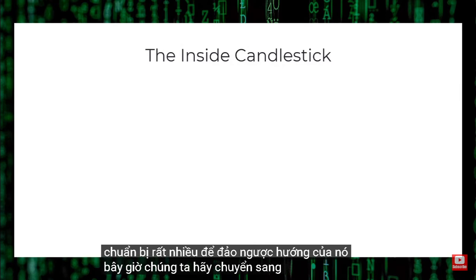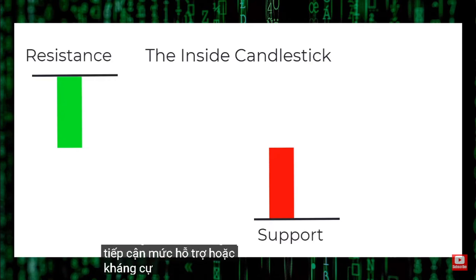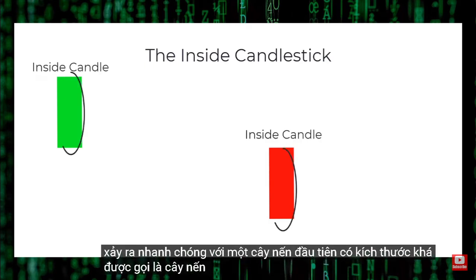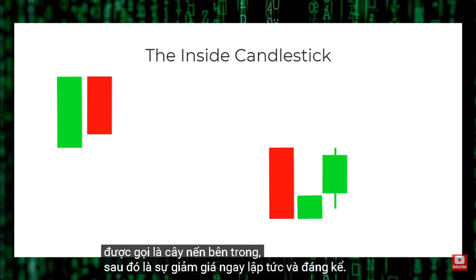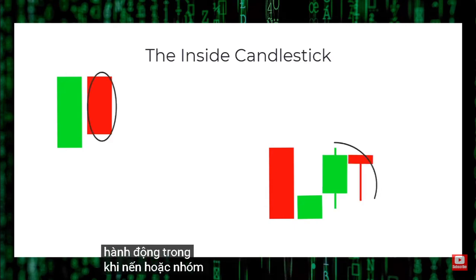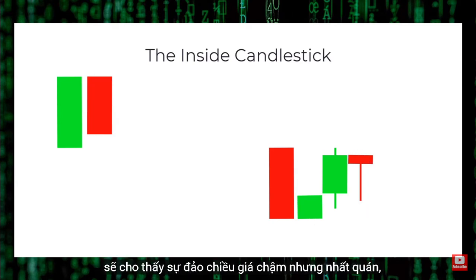Now, let's move on to the inside candle. It also shows up once the price approaches a strong support or resistance level. However, that approach occurs fast, with a decent size first candle, which is called the inside candle, followed by an immediate and significant slowdown in the price action, whereas the following candle, or group of candles, will show a slow but consistent price reversal.